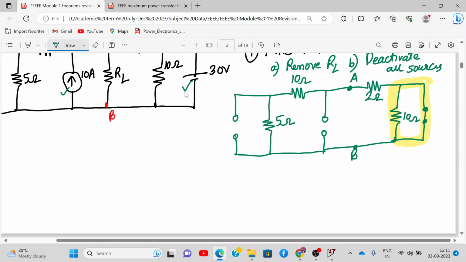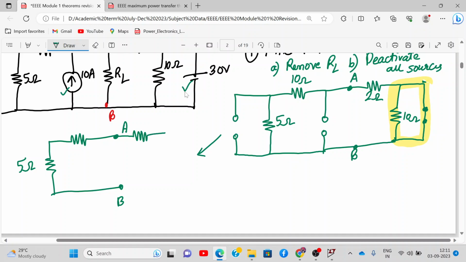It will be replaced by a short circuit only. Anything in parallel to a short will be short circuit only. So this is point A and B, and here we have 2 ohm resistance, and this is short circuit only.